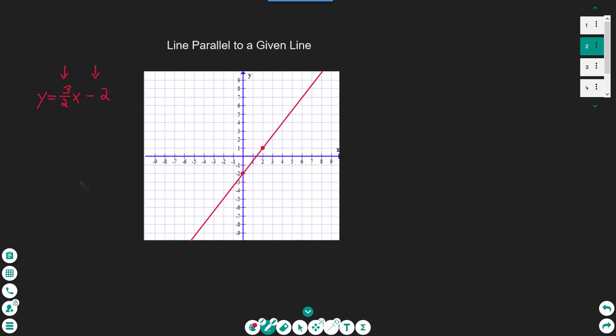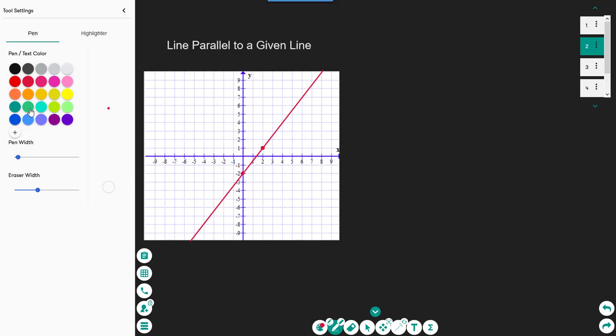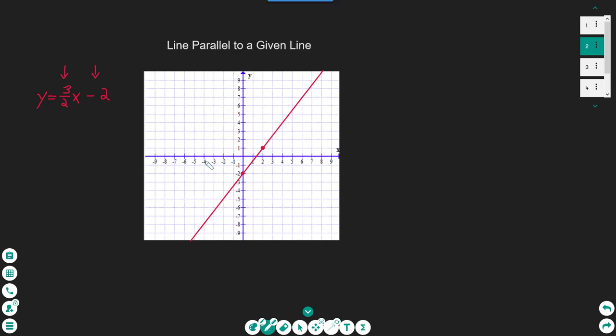Now, what happens if they ask us to find another line that is parallel to this line and passes through a certain point? All right, so let's change our color here. And let's say I give you a point. And it could be really any point, but let's say that it is -3, 4.